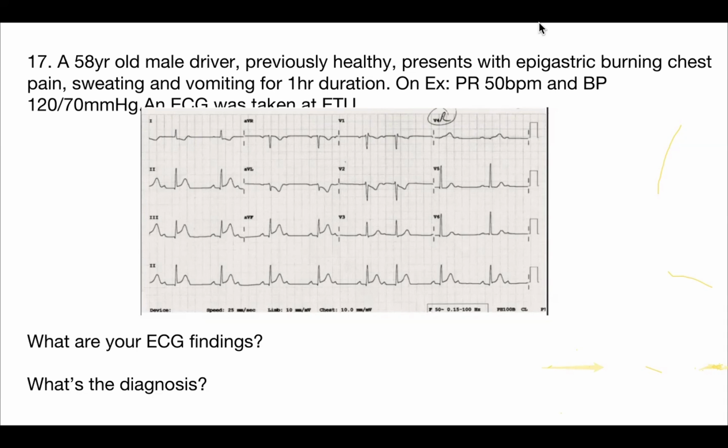So what should be the diagnosis? Inferior ST elevation MI with Mobitz type 2, 2 to 1 AV block, right? So don't jump into conclusions, just see.